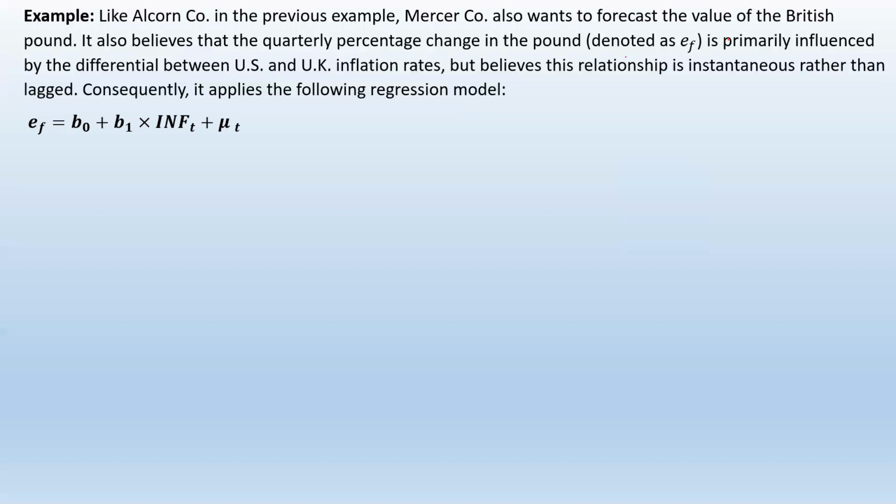We said before, this is called instantaneous regression. So this Alcorn, I just try to help you refresh your memory. This Alcorn uses the instantaneous model to do the regression, to use the current inflation rate differential to predict the current quarter's exchange rate movement or percentage change.